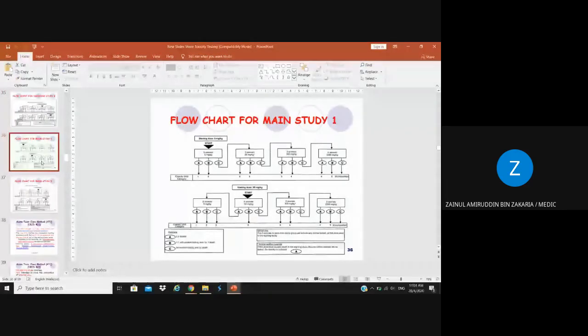So for main study, you use 5 animals. For sighting study you use only 1 animal. Then you do the same. If you see no toxicity at 5, you increase the dose until you see toxicity.